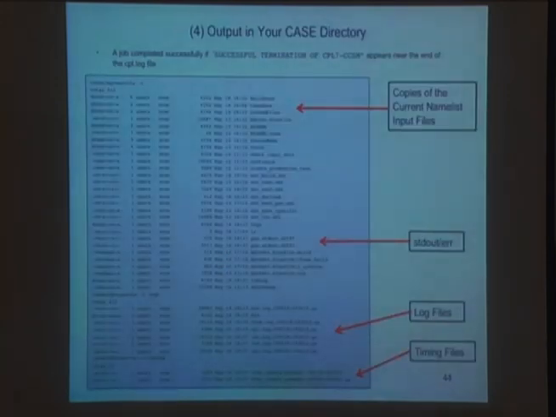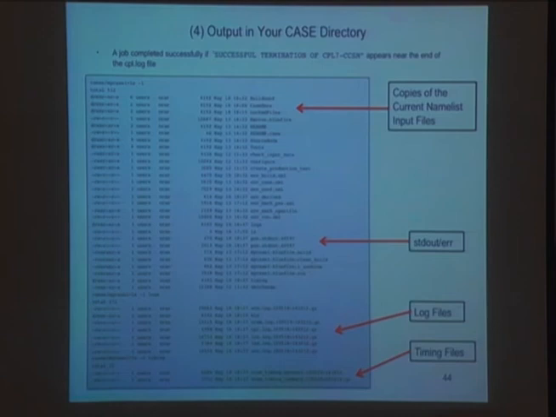Okay, so if your job runs successfully, you're going to end up with output, and it's going to end up in 2 places. The smallish output, ASCII text files, are going to end up back in your case directory, right? And the large output files, like binary history files that have 3D binary fields in them, are going to go somewhere else.